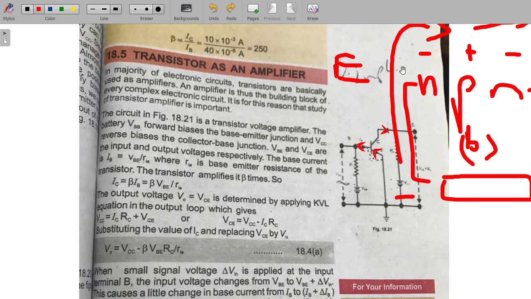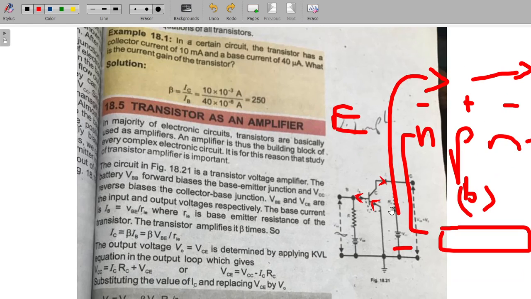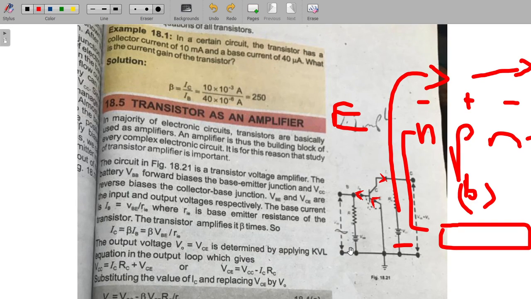So we have the input voltage as VBE, it's this one, and then we have the output one, which is VCE, which is this one. So across this and this point, and the input was across this and this point, and we're calling the current which is flowing from here IB.